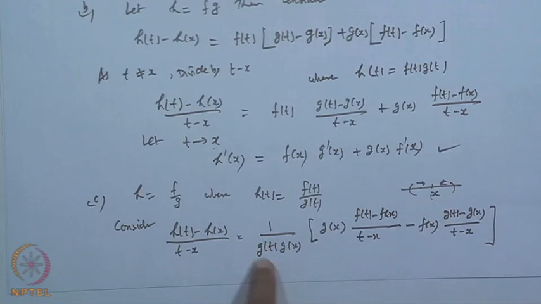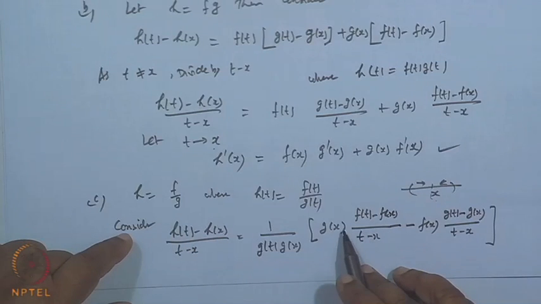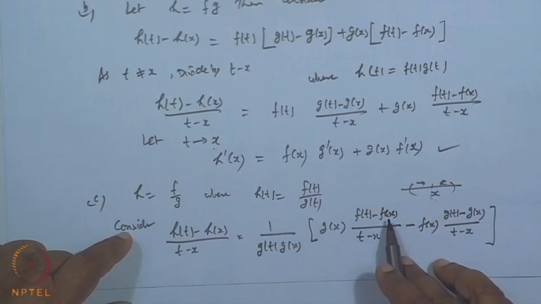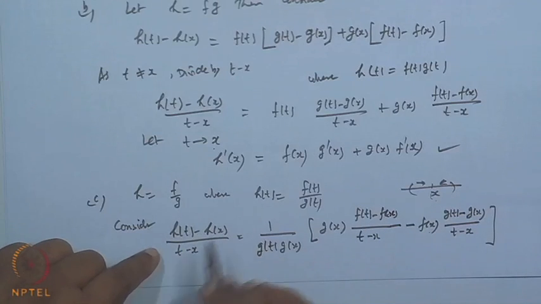Now, you see t minus x is outside, then all these things are adjusted. You can see that g(x) f(x) and f(x) g(x) both get cancelled, and the rest of the things will come from here.